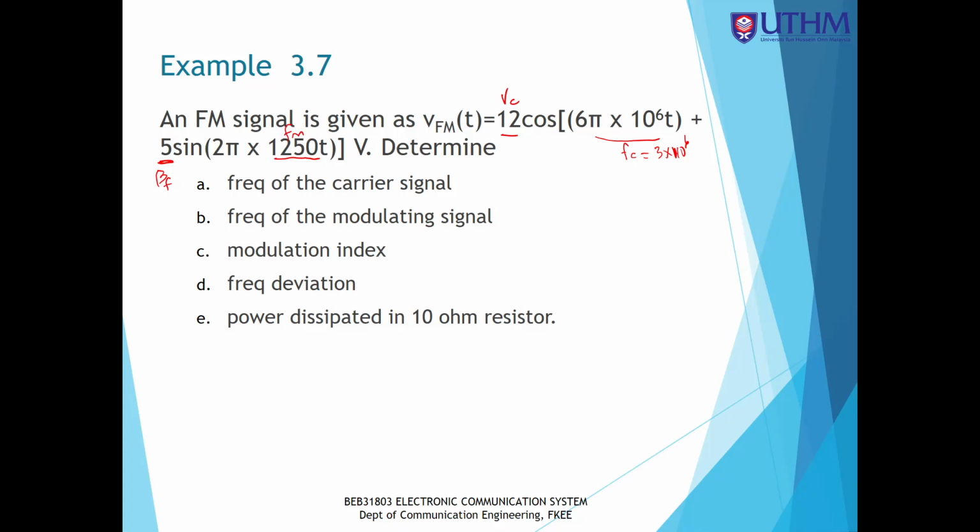Determine the first question, the frequency of the carrier. The frequency of the carrier is equal to 6 pi times 10 power of 6 divided by 2 pi, so we get 3 times 10 power of 6 hertz.